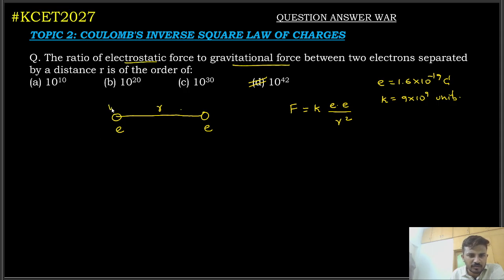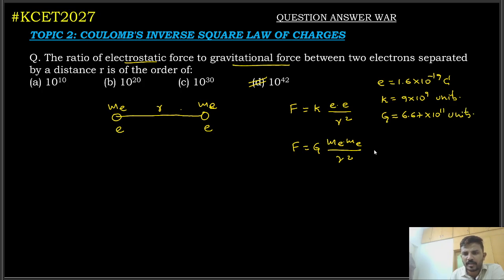For gravitational force, we should consider the mass of electrons: F is equal to G m1 m2, m1 is me, m2 is me, divided by r square. It is the same, so if you divide, r square gets cancelled. We need the G value, that is 6.67 into 10 to the power minus 11 units.